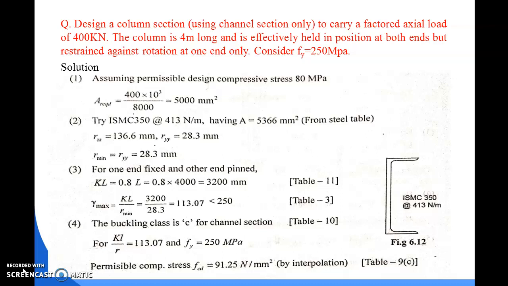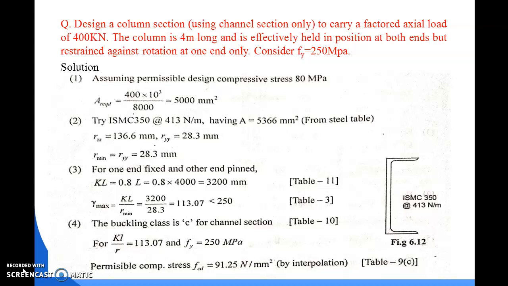So rzz equal to 136.6, ryy equal to 28.3, and here in this channel section we will take the minimum of the radius of gyration in ZZ axis and YY axis, which is 28.3 mm. The condition is given as effectively held in position at both ends but restrained against rotation at one end only.